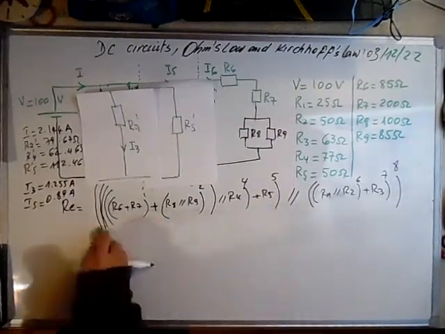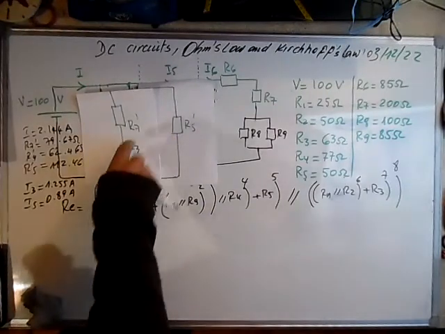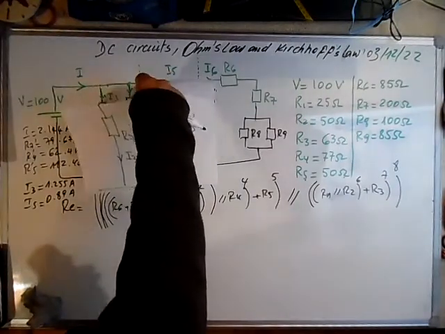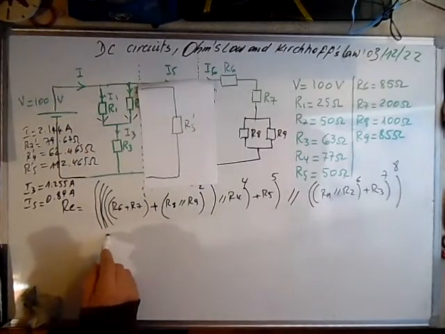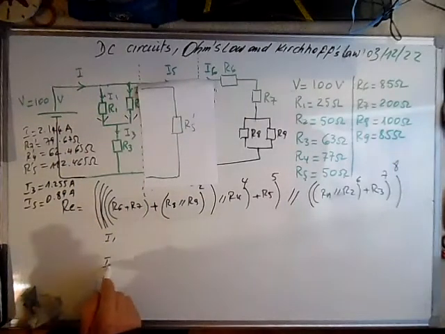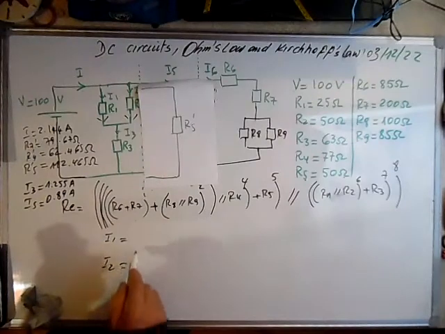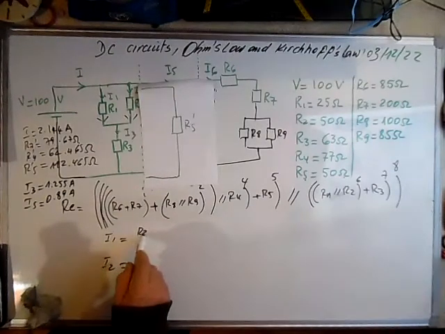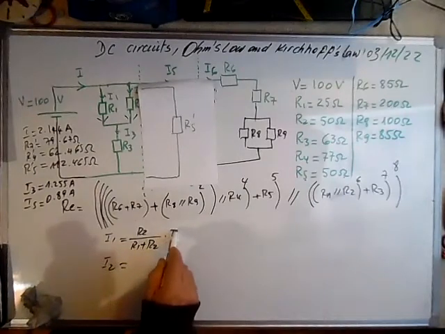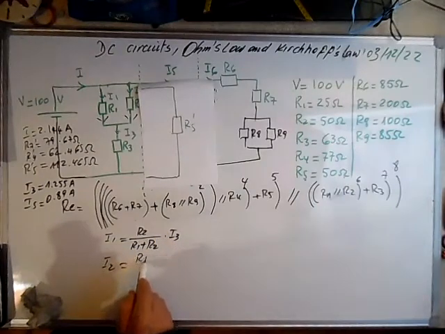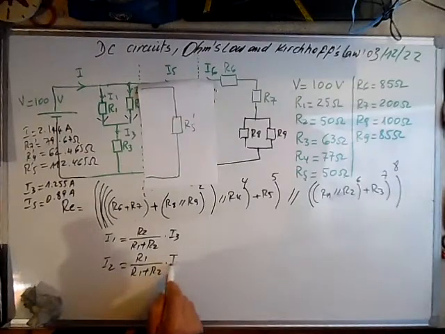I can calculate I1 knowing I3. I can calculate I1 and I2 in function of I3. This is R2 over R1 plus R2 times I3, and this is R1 over R1 plus R2 times I3.